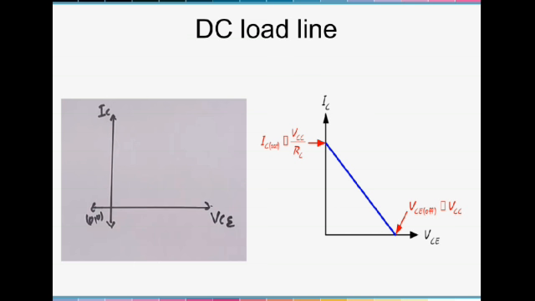Here the point VCC by RC is considered as the current IC, because I is equal to V by R, so IC equals VCC by RC. Similarly, in the x axis we are considering VCE.